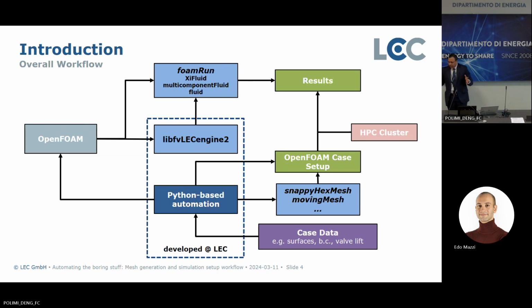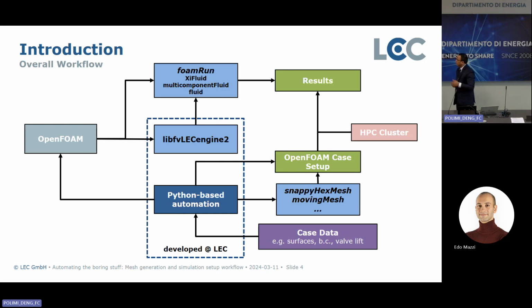Into the introduction. This is an overall workflow of the OpenFOAM workflow for an engine simulation, where, as you see here, we have the case data in which we provide all the information for the simulation, for example, surfaces, boundary conditions, valve lifts. Then this data is fed into a Python-based automation set of scripts, and also a library developed by us at LEC.